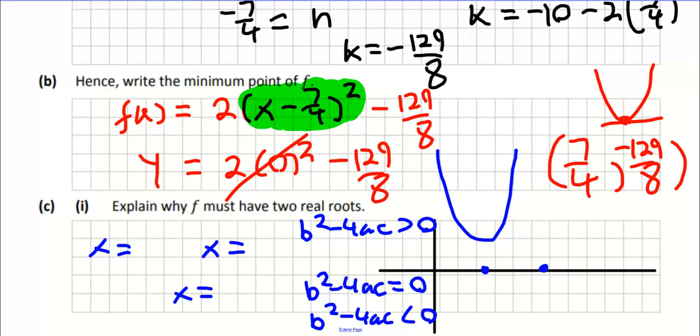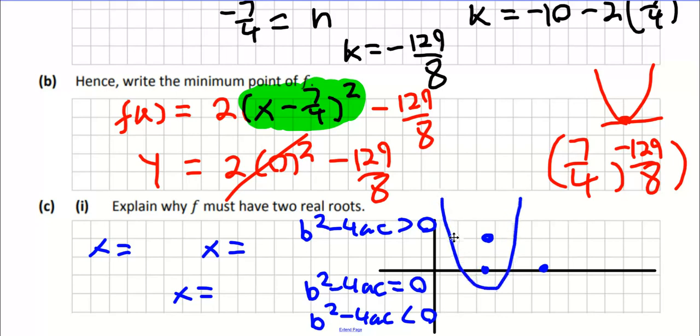Okay. Now, what we're basically saying is we're claiming that it intercepts the axis twice, aren't we? Why are we claiming that? Because of two real roots. Do you notice that the minimum point is above the x-axis when it hits it no times? And the minimum point is on the x-axis when it hits it once.